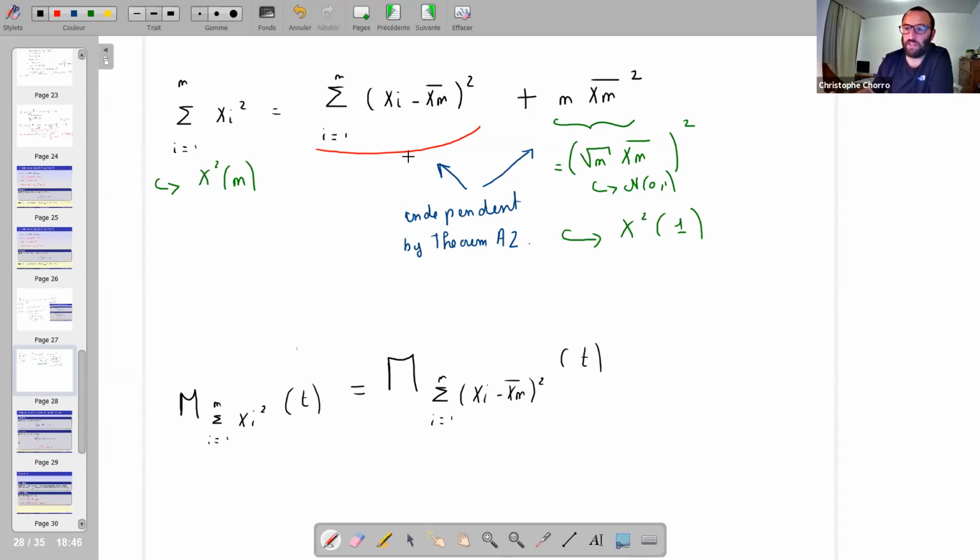Since I have the independence, I know from my course concerning moment generating functions that the moment generating function of the sum will be the product of the moment generating functions here.